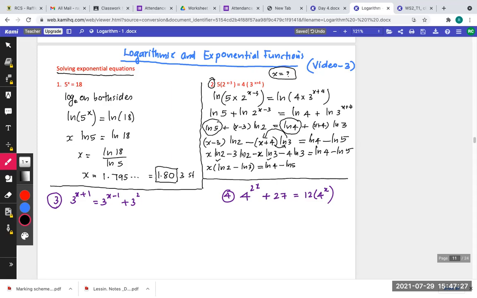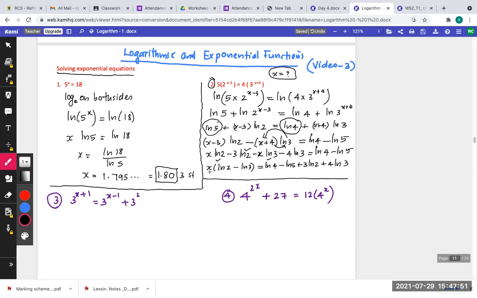Now this minus 3 ln 2 will go to the right side, it becomes plus 3 ln 2. At the same time, negative 4 ln 3, when you move the side, becomes positive 4 ln 3. Remember, on the right side everything can be calculated because there is no variable at all. All are ln 4, ln 5, 3 ln 2, 4 ln 3.